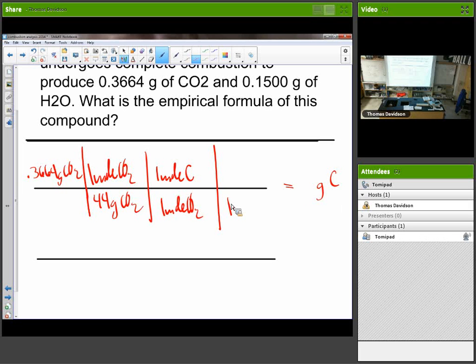For every 1 mole of C, it has, from the periodic table, 12 grams of C. Okay, so I take 0.366, watch the math. I take this number, times it by 1, waste of time, times it by 1, waste of time. So I just take this number and multiply it by 12, and then I'll divide it by 44.